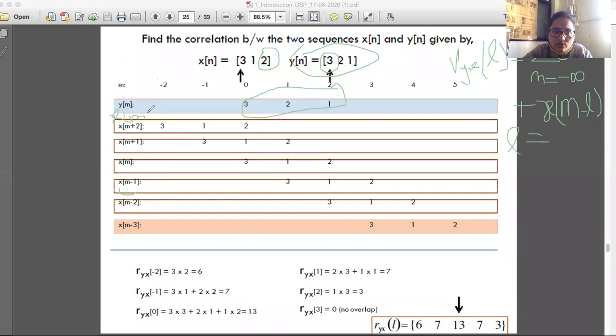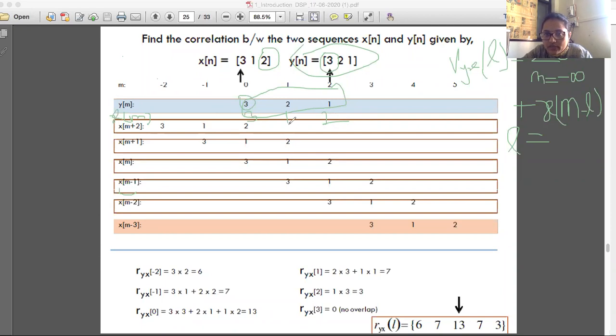So what is my x of m sequence? Here I'm going to write 3, 1 and 2. This is my second sequence. Now this 2 should be shifted up to this point of 3. So how many units of left hand shift do I have to give?